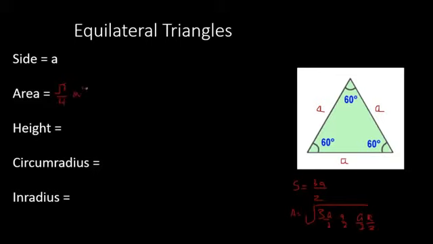So if you know the side of an equilateral triangle, you can very well calculate its area. And how did we come to know that? We just used Heron's formula, and instead of ABC we put AAA.